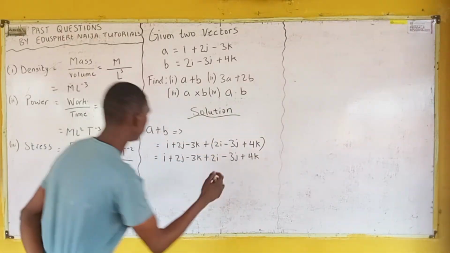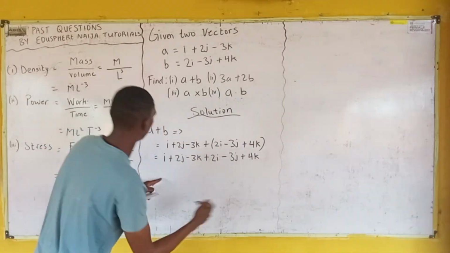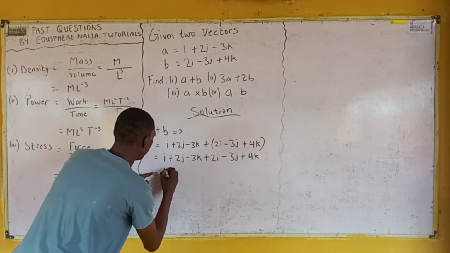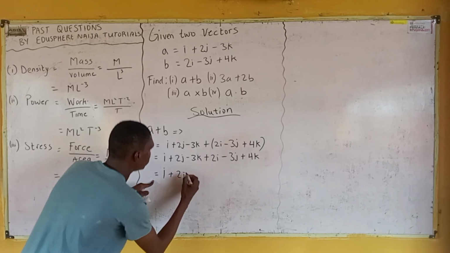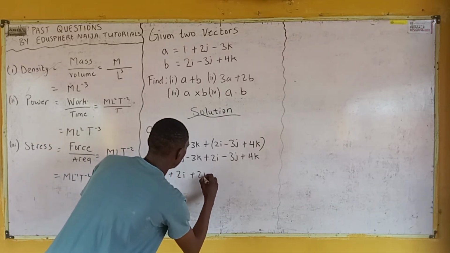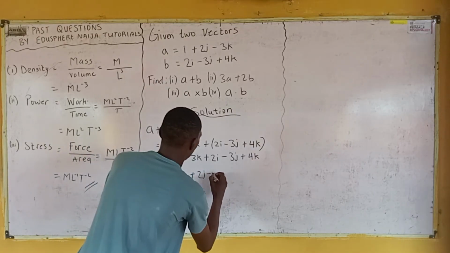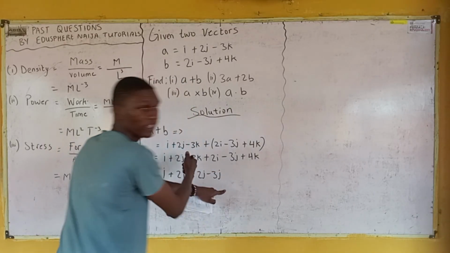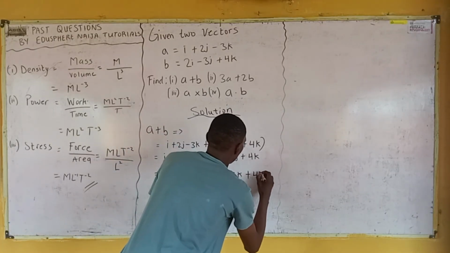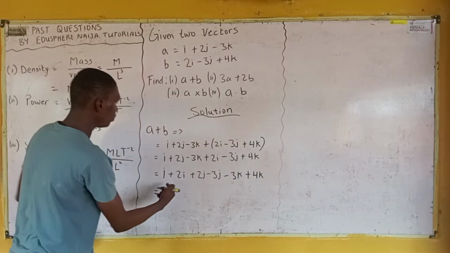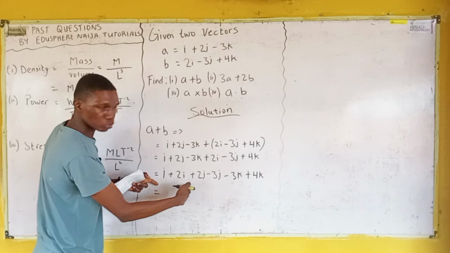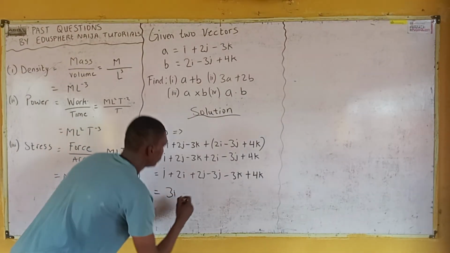Then we can bring like terms together. I plus 2I, that's for I. Then j next: 2j minus 3j. Then we have k next: minus 3k plus 4k. We know for I, there is an invisible one here, so we have 1I plus 2I, and that's 3I.